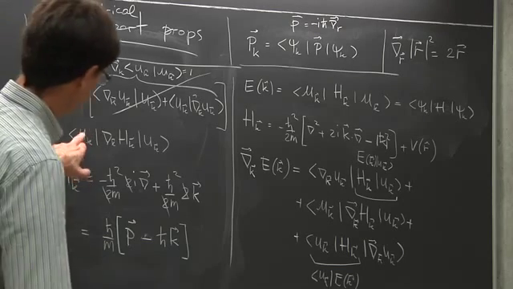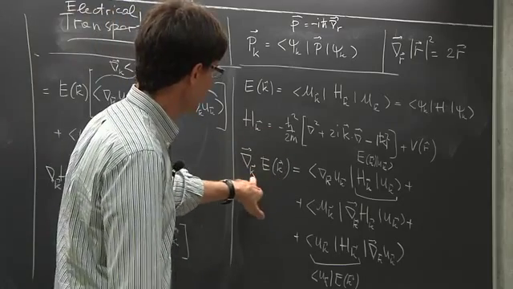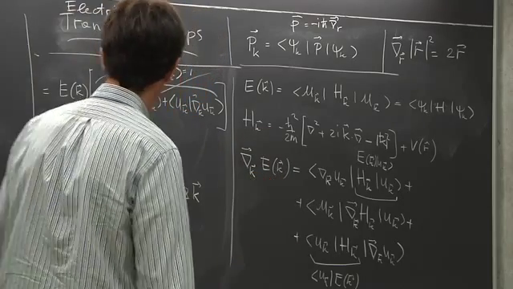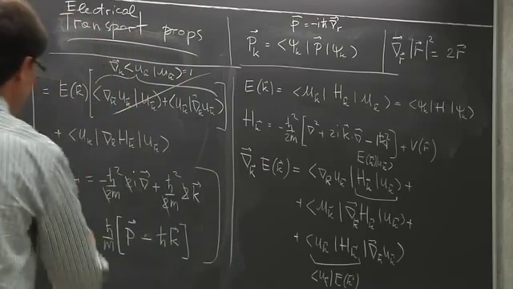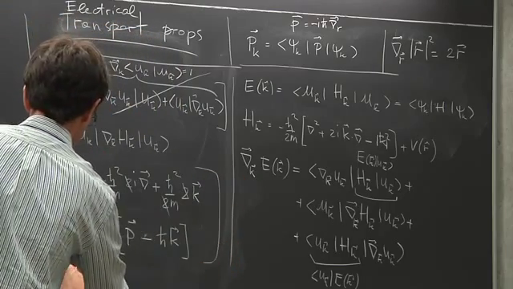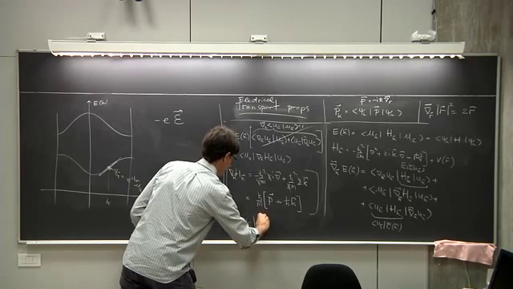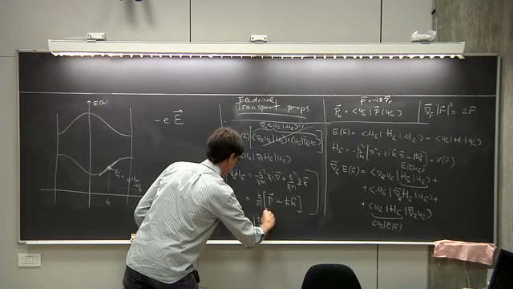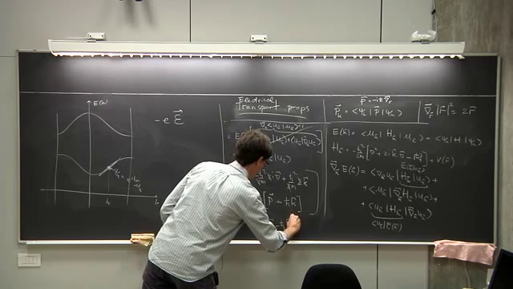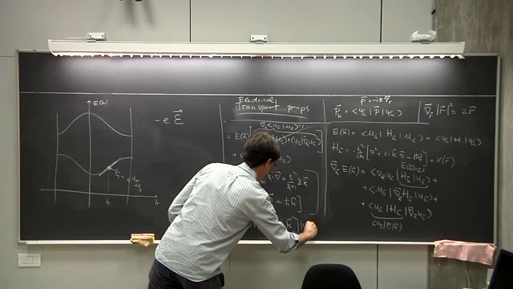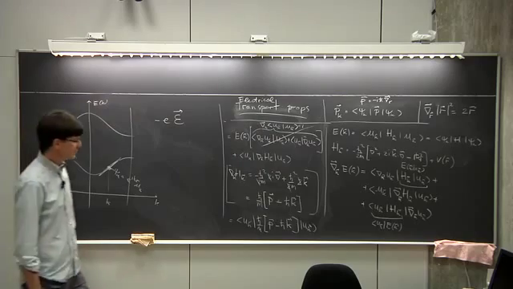So what I can say is that, starting from here, the gradient with respect to k of e of k is, this was a digression on the gradient of k. I have to continue from here. It's u k, h bar over m, p minus h bar k, u k. Is there a plus?